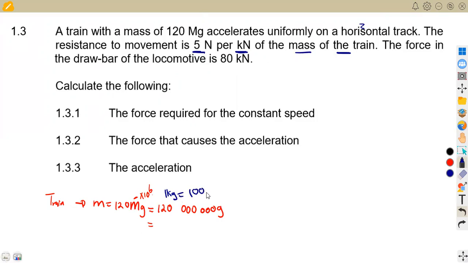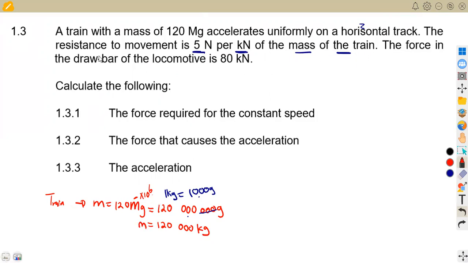So to convert this gram, we are simply going to divide by 1,000. These zeros will cancel, so we are going to have 120,000 kgs.